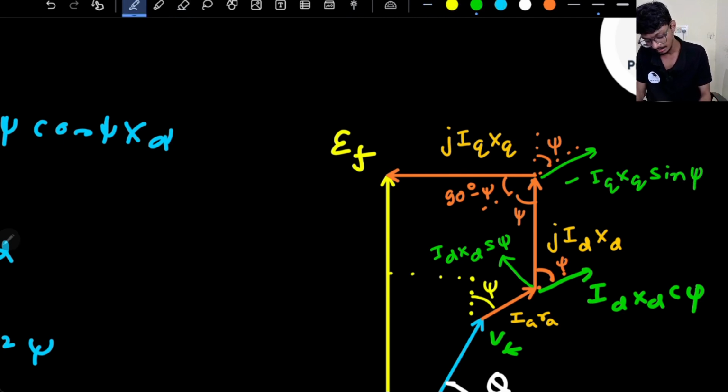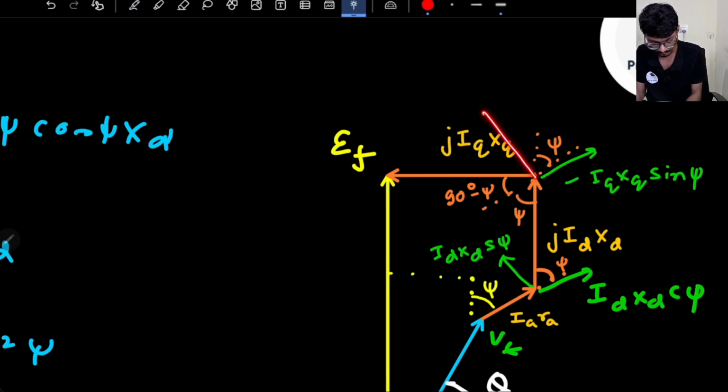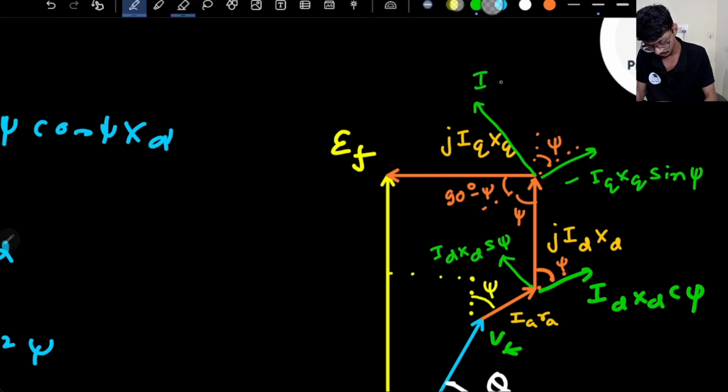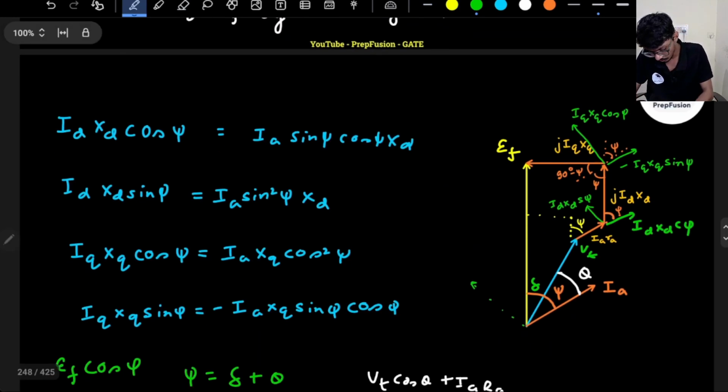And the perpendicular component will again be in the same direction. This will be Iq Xq into sin of 90 minus xi, that is cos xi. Okay, so this is what I have written here.